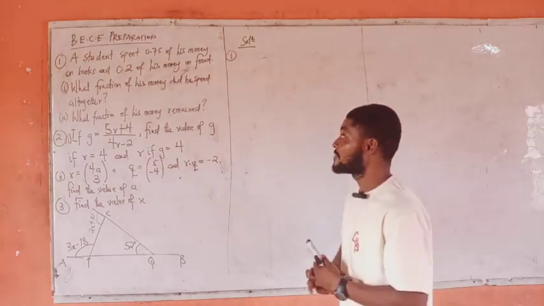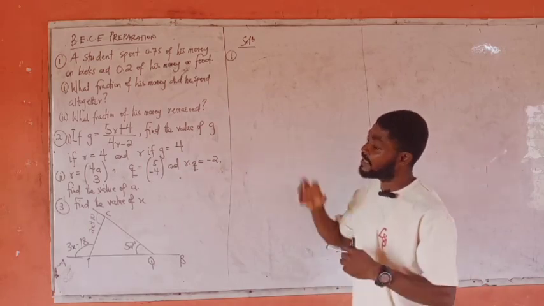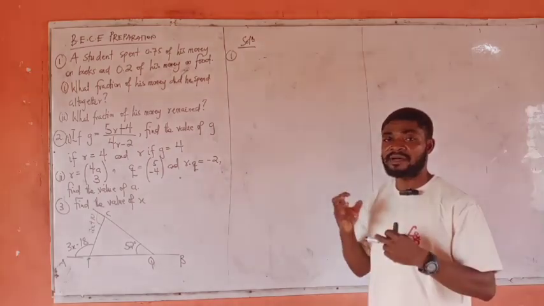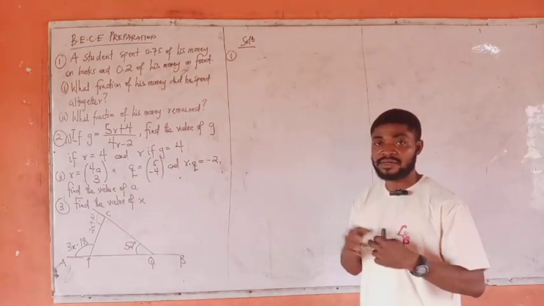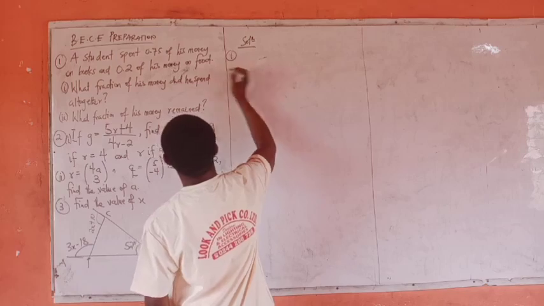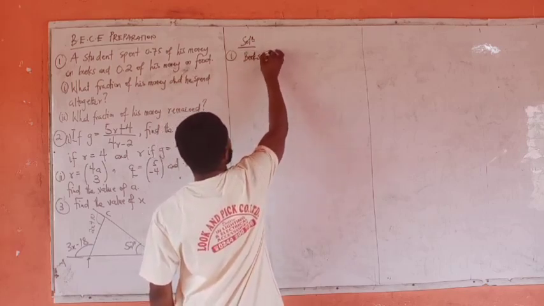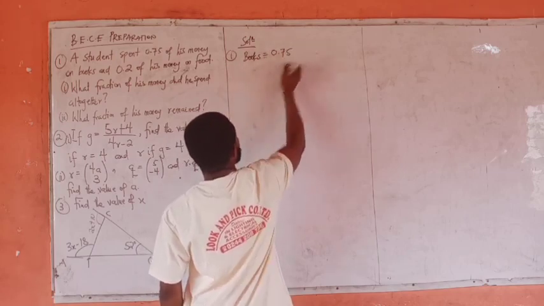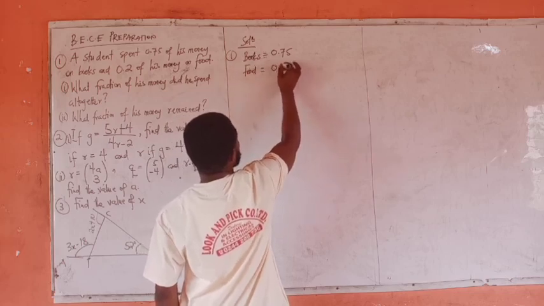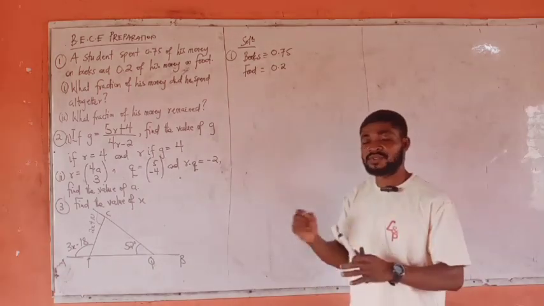To get the fraction of money spent altogether, I need the individual fractions. I sum them up and that gives me the fraction of the money spent altogether. Now I know 0.2 is the same as 0.20.